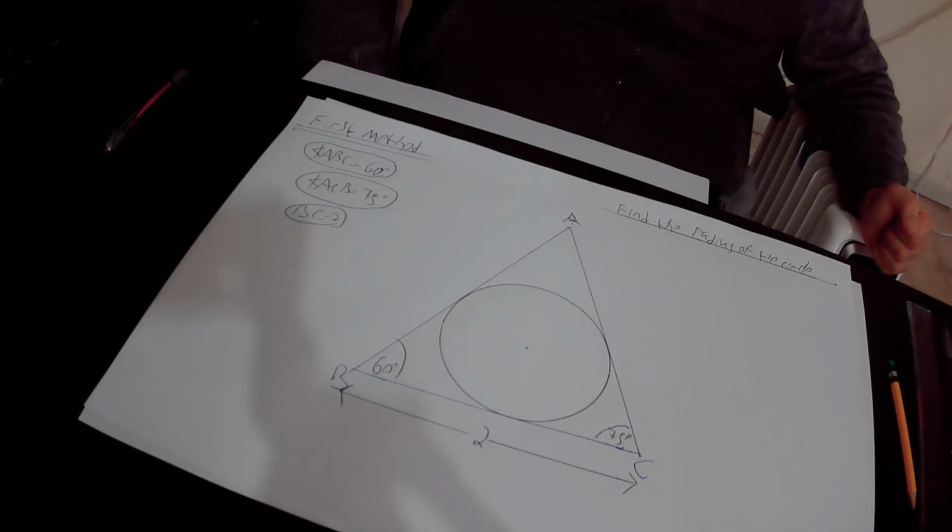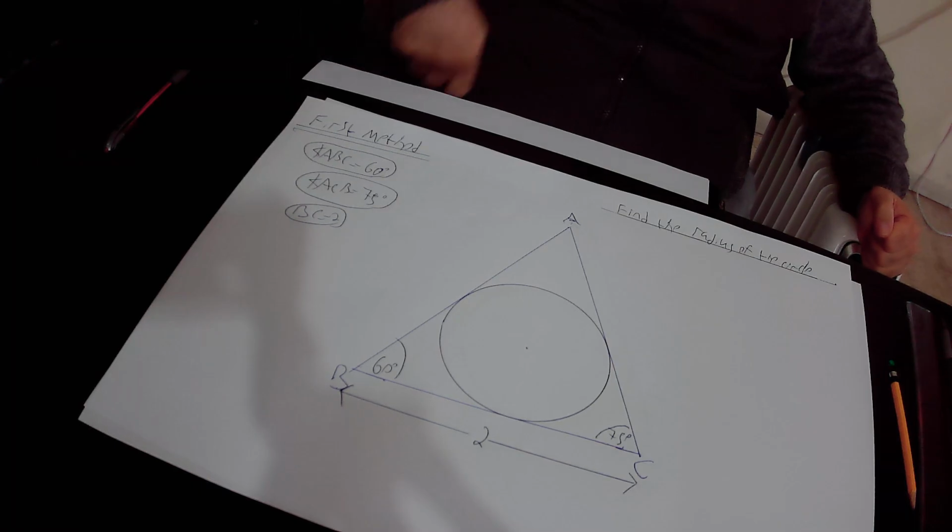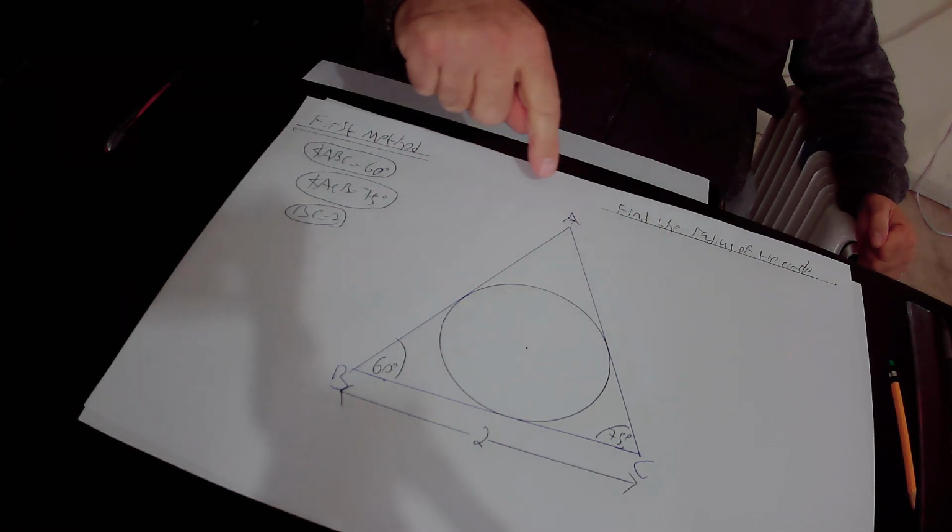So we start with the first method, and we will do a construction. That is to say, from point C, we will draw a perpendicular on AB.